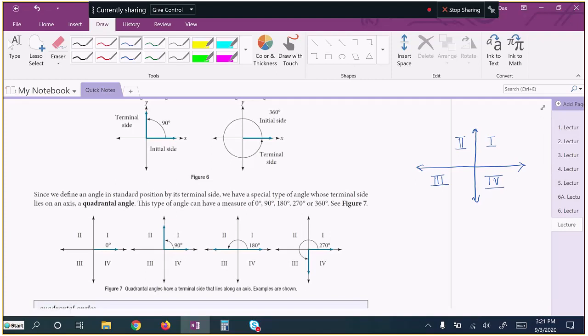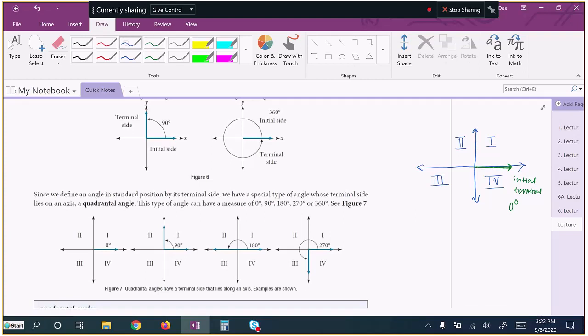The angle that has the initial side on the x-axis, positive direction, and the terminal side also coincident with the initial side, so both initial and terminal sides are on the positive direction of the x-axis, is the angular measure of 0 degree. And this is our first quadrant angle.